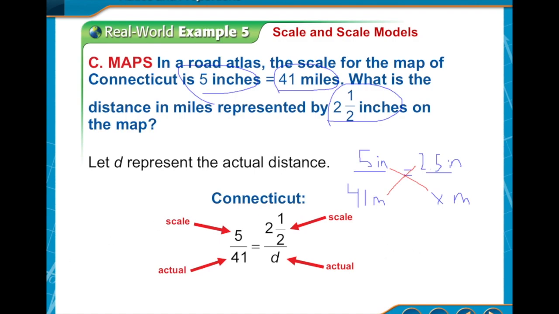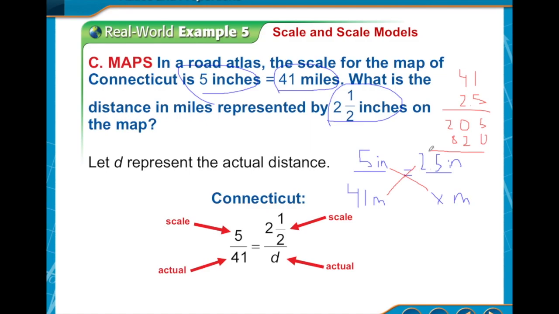So here, if I bring my pen back, 41 times 2.5. 5 times 1 is 5. 5 times 4 is 20. Bring down the 0. 2 times 1 is 2, and 2 times 4 is 8.